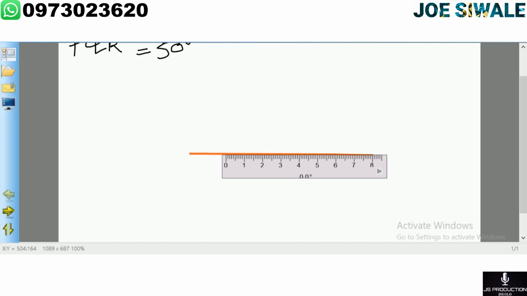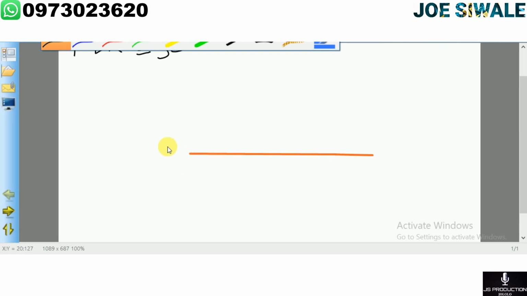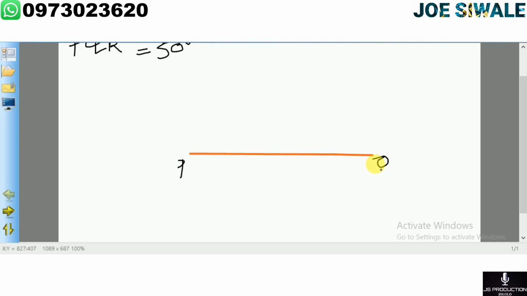So this means that I've drawn my 10 centimeters, and that's PQ. So this is PQ. So let me just write it down. This is PQ, and this is 10 centimeters.